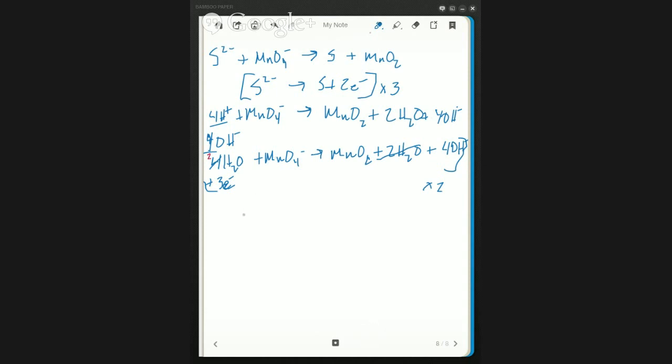I'm going to end up with 3S2- which is going to give me 3S plus 6e-, and 6e- plus 2 water plus permanganate, MnO4-, which is going to yield for me MnO2 plus 4OH-.